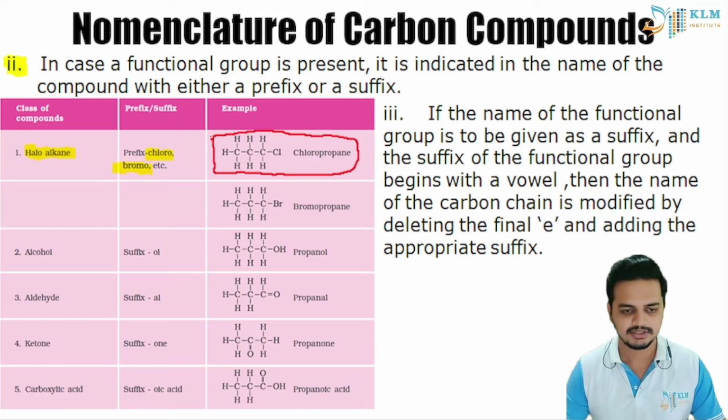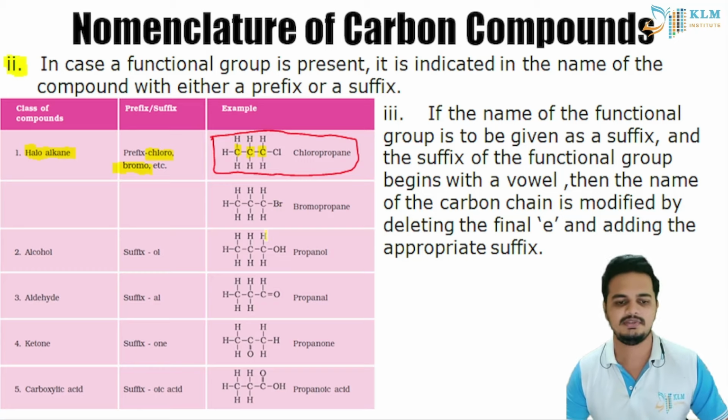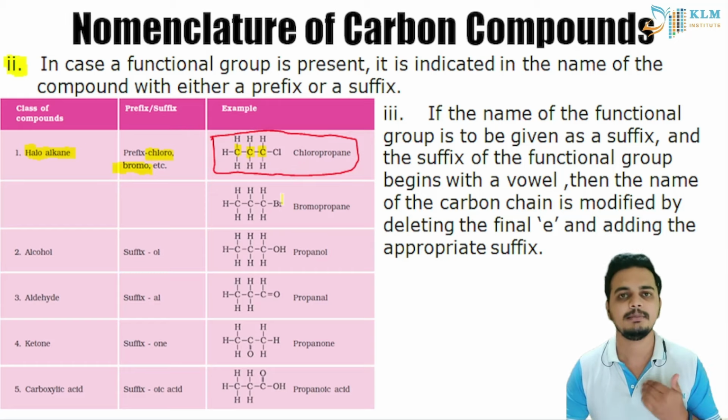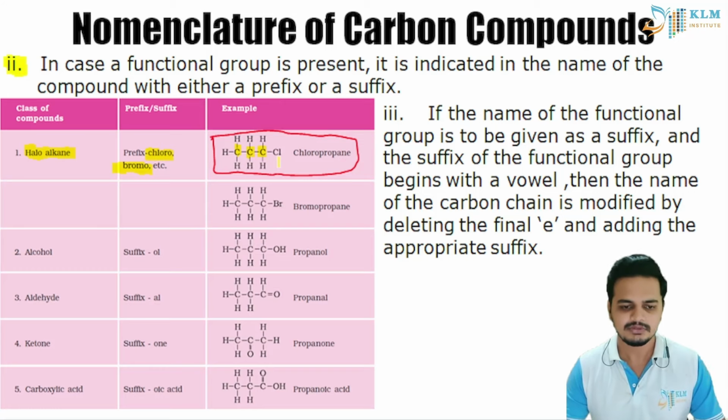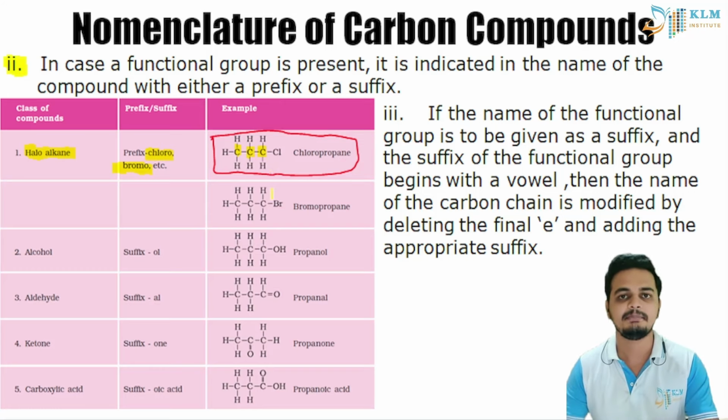So this particular compound, again we will see how many carbon atoms. There are 3 carbon atoms, so the root word becomes propane. If there are no double bonds, it is a saturated compound, then we call it propane, ANE. And we need to add the prefix to it. What is a prefix?